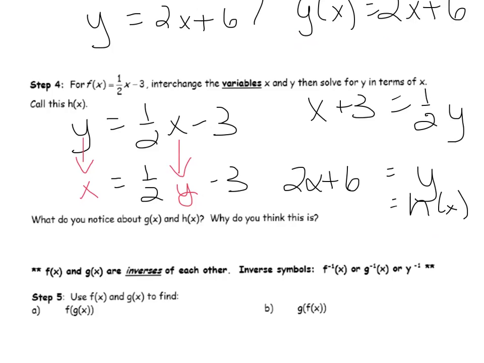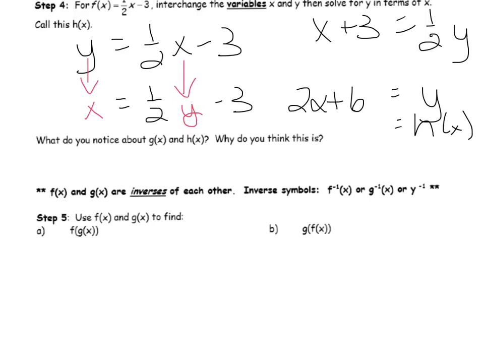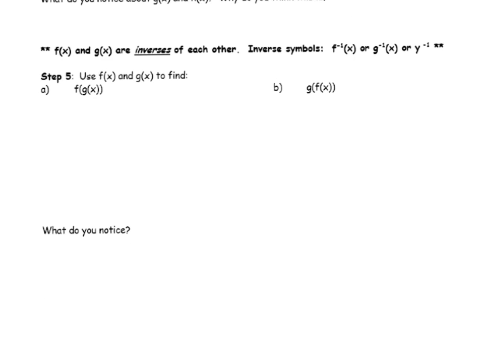Once you've done that, I'd like you to come down here and remember what you did with composition of functions. We want to do f of g of x, but we don't want to do it for a particular value for f and g. We want to do f of the entire function g of x. So we said our g of x was 2x plus 6.